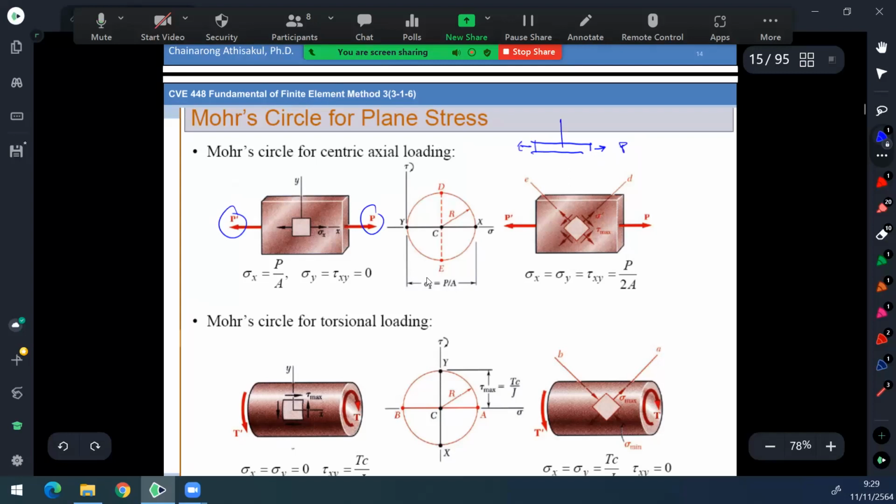When we cut the free body diagram over here, we have the stress inside of this area.